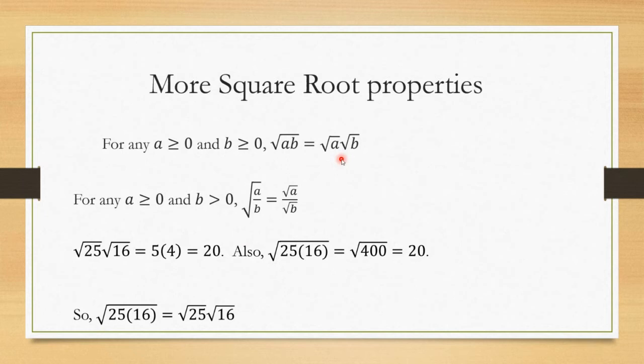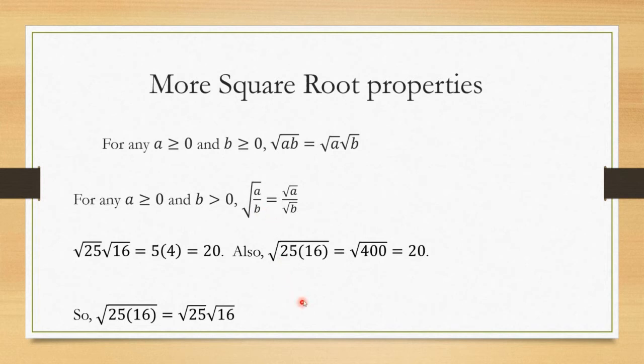The square root of a product is the product of the square roots. So that's what we have here. So in other words, taking the square root is compatible with multiplication and division. You just need the denominator to be not 0. So the B here has to be strictly positive.